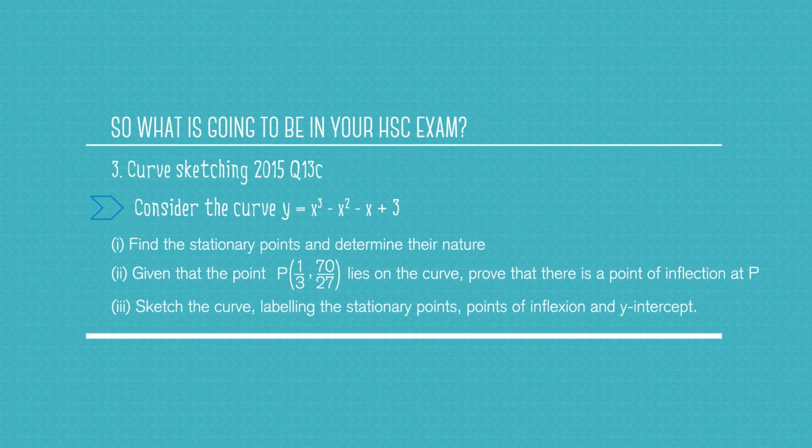My solution went through and found the first derivative, found the second derivative, and did all those things as we worked through. When you're determining nature, I know some people like to use second derivative tests, some like to use first derivative tests. I'm not going to tell you which is the best, because I think it depends on the situation. Sometimes if it's easy to find the second derivative, that's what I will use.